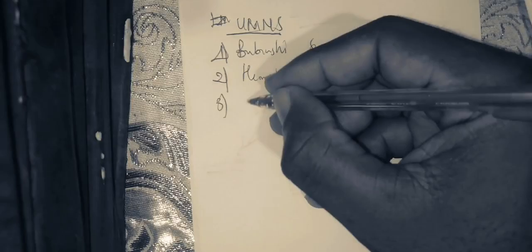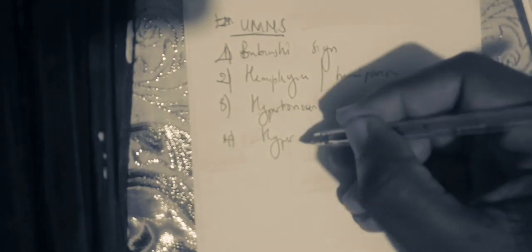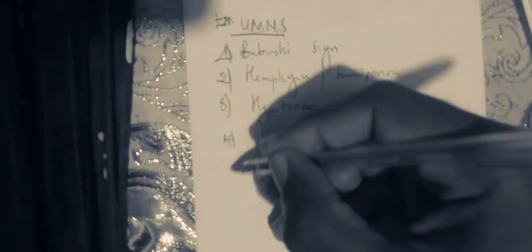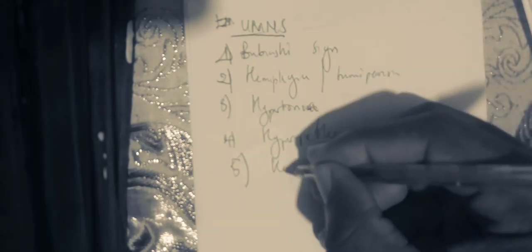The third element is that you can have hypertonia. The next one is hyperreflexia. And then the fifth one, after hyperreflexia, is hemianesthesia. And I've forgotten to tell you one element of lower motor neuron syndrome.